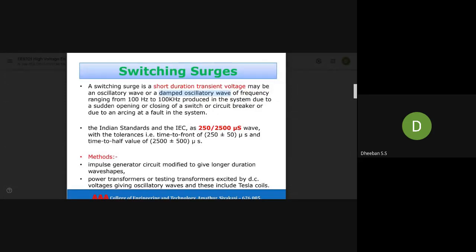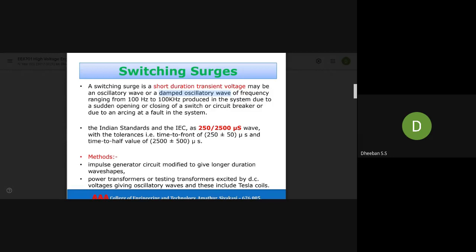Why does the switching surge occur, and what is the main reason for its occurrence? It might occur due to the opening or closing of a switch or a circuit breaker, or due to an arcing fault. You can generally expect switching surges in real time at your substations.